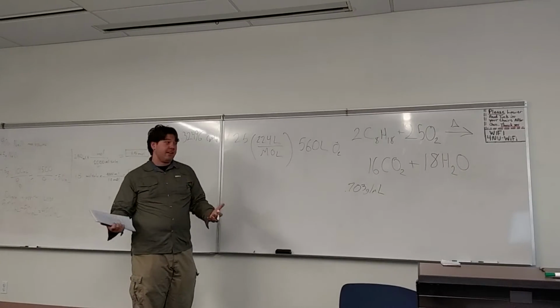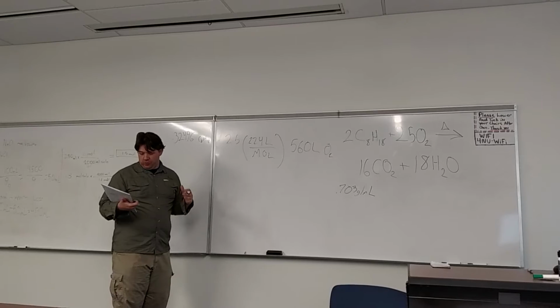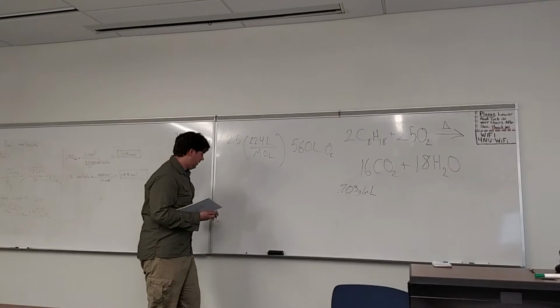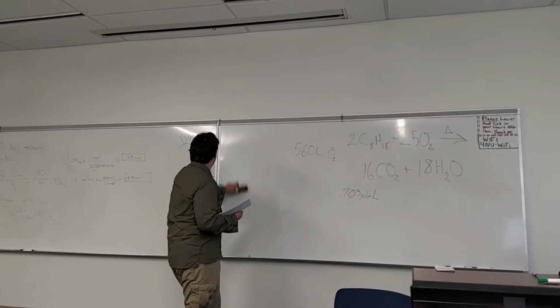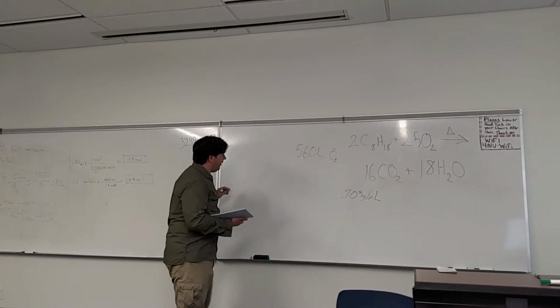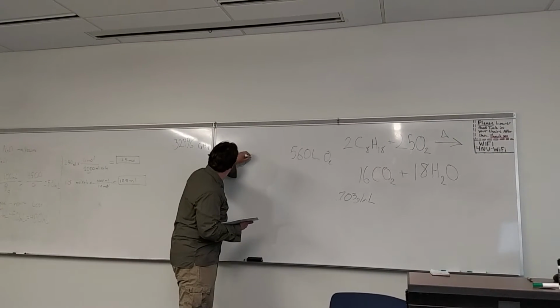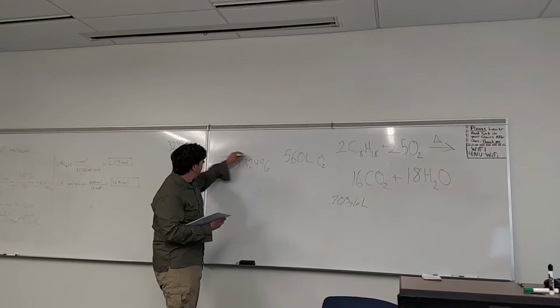But to figure out how this applies to us, we can add these together to figure out what our actual percentage by volume is inside of the engine. So if there's 560 liters of O2 and 0.32496 liters of octane, that's our total volume.